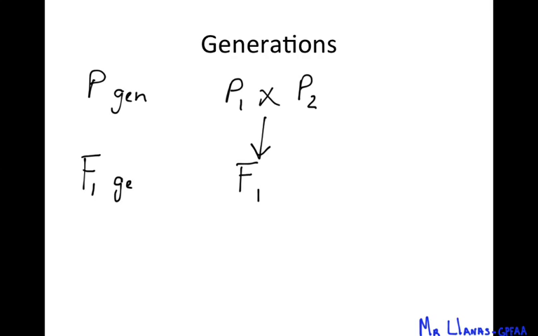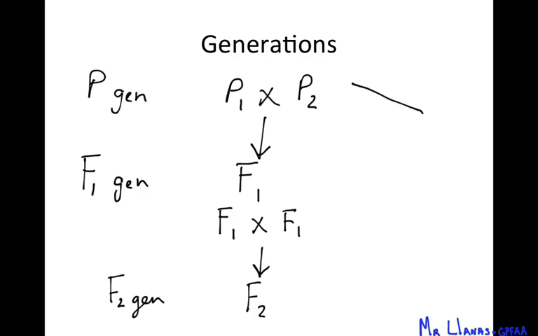Now in plants, if you cross the F1 with the F1 generation, you produce, you guessed it right, an F2 generation. It just depends on what generations you're looking at. If you're looking at your grandparents, they would be the parental generation. Then your parents would be the F1 generation. Then the F2 would be you, because you're the 3rd generation here.